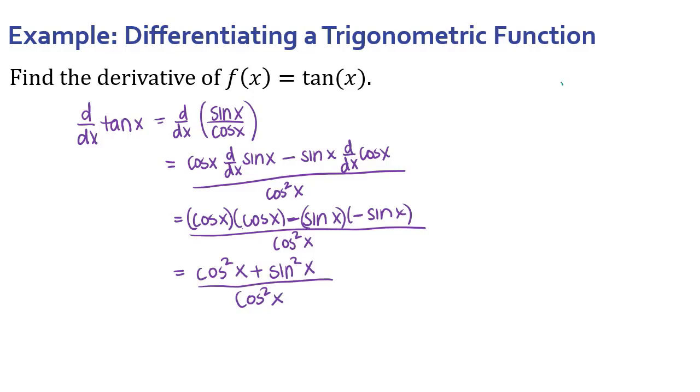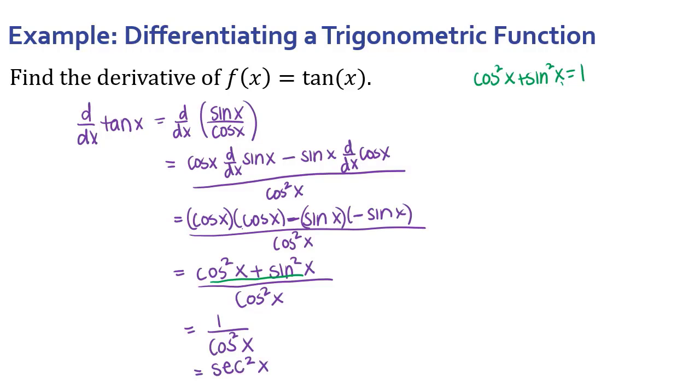Now, in trigonometry, we learned a trig identity that said cosine squared plus sine squared equals 1. So I can replace this numerator with 1. So I get 1 over cosine squared x, and 1 over cosine of x equals secant of x, so this just becomes secant squared x.